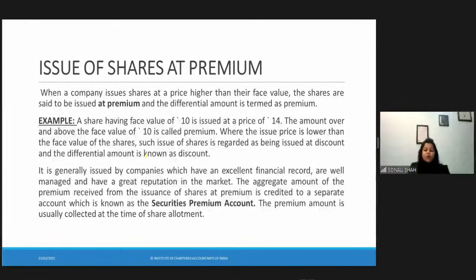Now, coming to the concept of issue of shares at premium. What is issue of shares at premium? When shares are sold at a price higher than their face value, it is said that the shares are issued at a premium. Now try and understand this from this point of view.